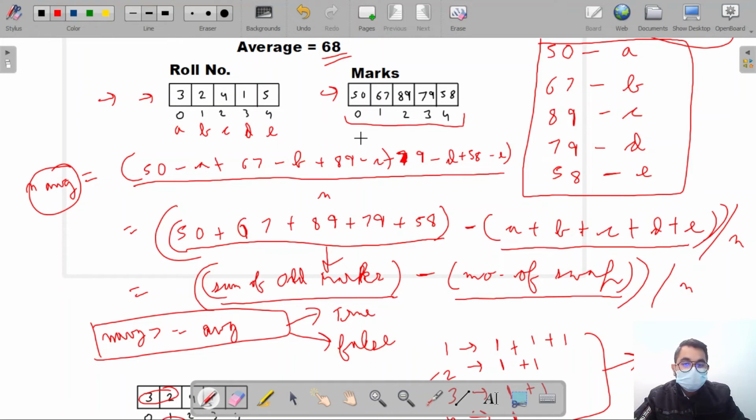After that, we calculate the sum of old marks, and then subtract the total number of swaps from it, and then divide by n, which is nothing but the number of students. Then we calculate the new average and check if the new average is greater than or equal to the minimum average, and according to that, the professor punishes the students. So let's now code this.